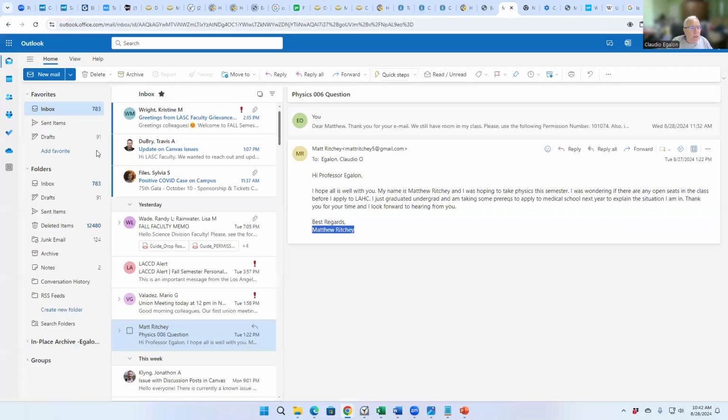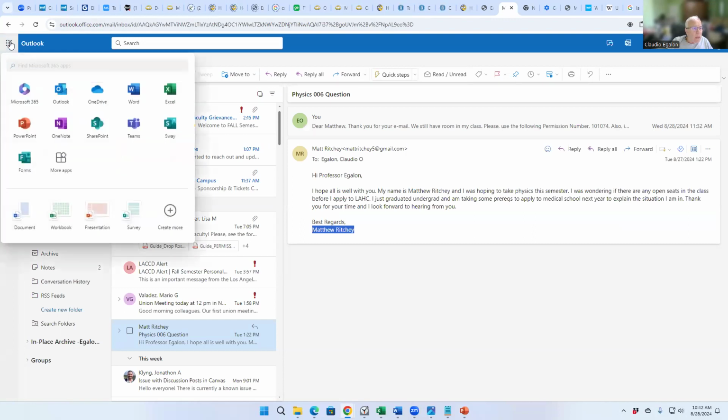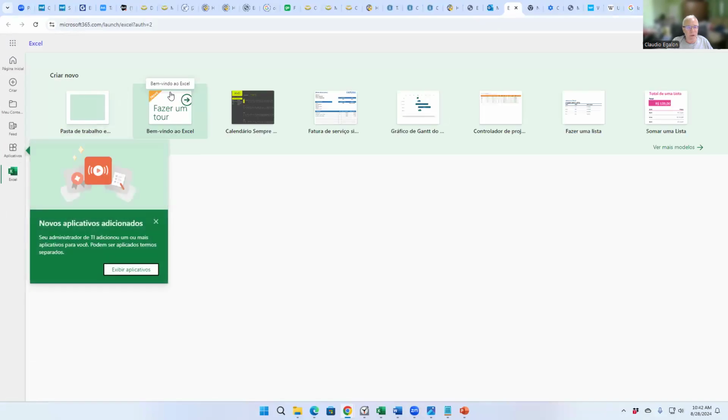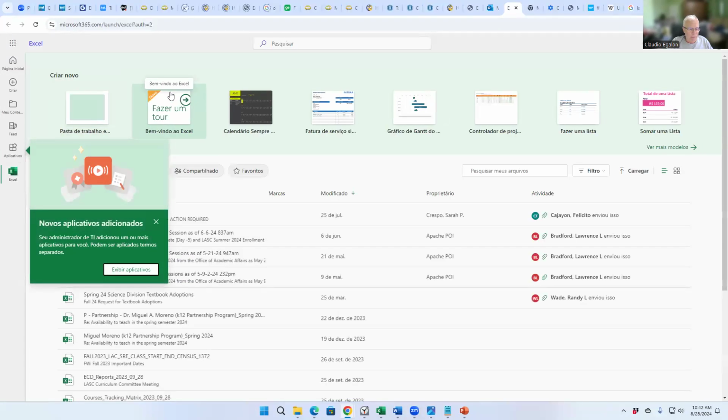Where do you go from here? There might be a place here, OneDrive, groups. Oh yeah, here you go. Right here. I never use that because I have that installed in my computer, but okay.